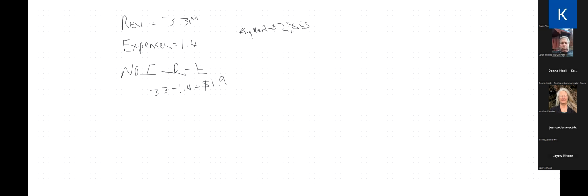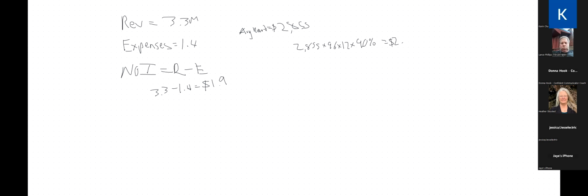We multiply that by the number of units, which is 96, times 12 months, times 90% occupancy. You do that and you get 2.9 million, which is probably a better number than the 3.3 million listed.